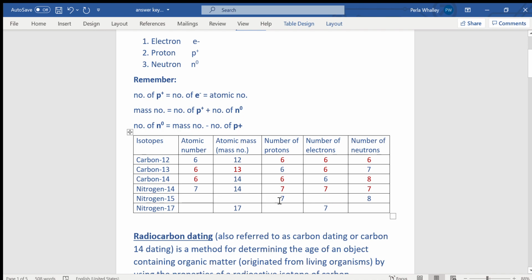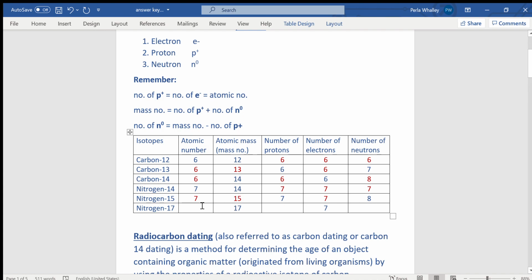Nitrogen-15 is given as number of protons 7, so that means electrons will also be 7. The atomic number will also be 7, and the atomic mass is the number of protons plus the number of neutrons. 7 plus 8, this will be 15.